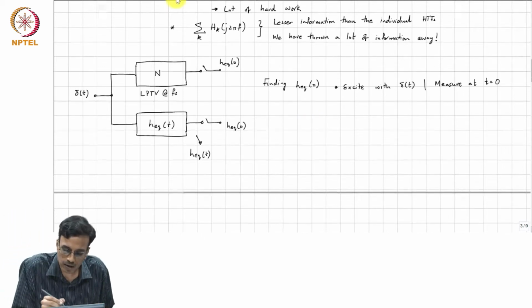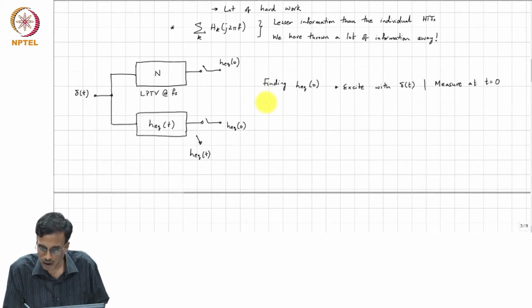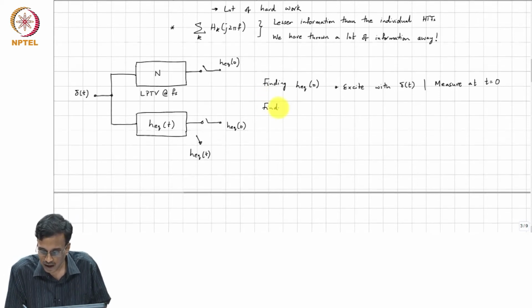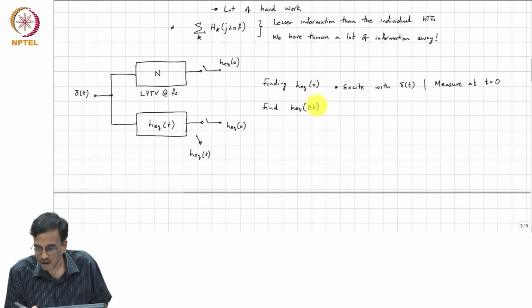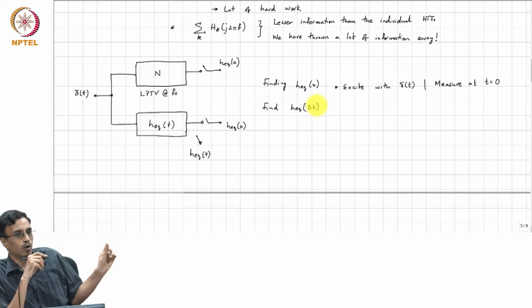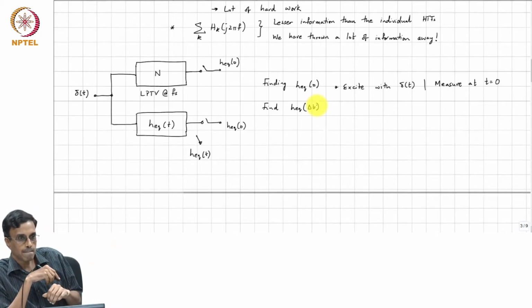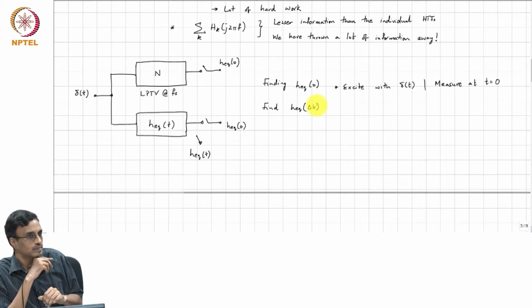Now, if you want to find, let us say, H equivalent of delta t, where delta t is some small positive time, what do you think you will do?